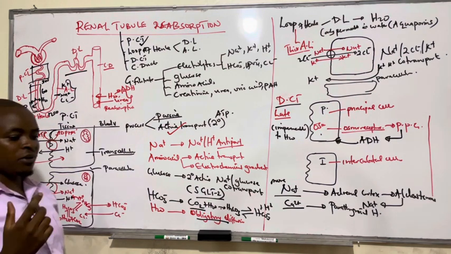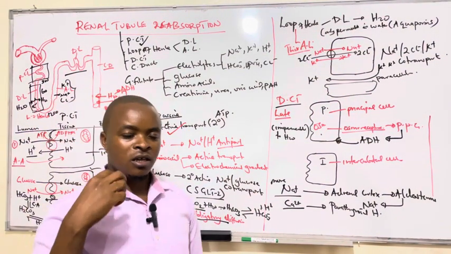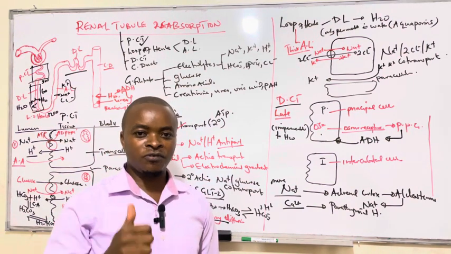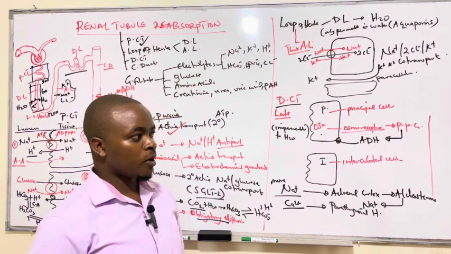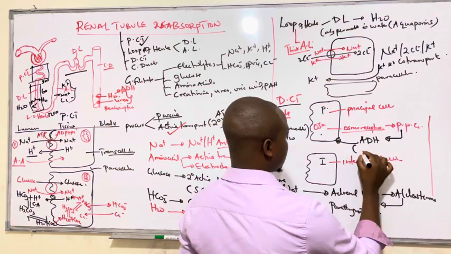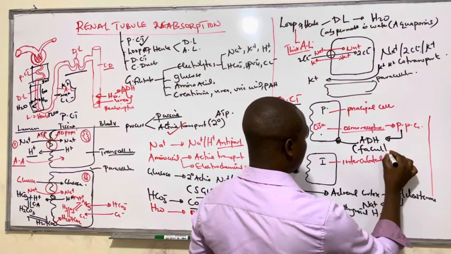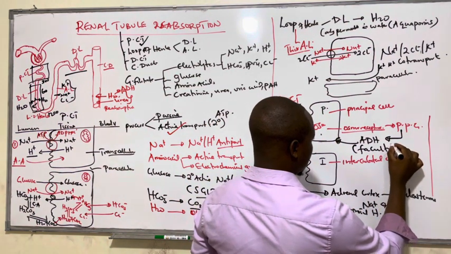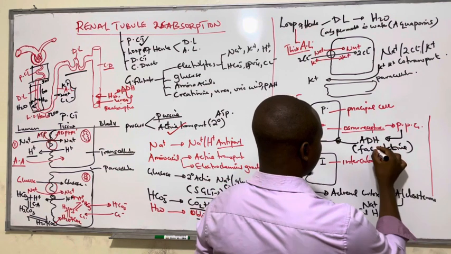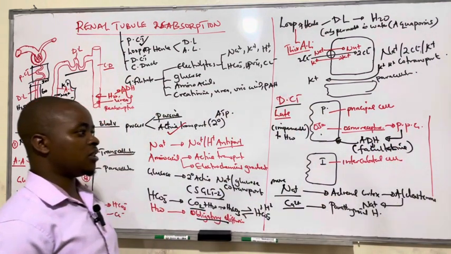And we told you in the beginning, whenever ADH or antidiuretic hormone is involved in reabsorption, we call it facultative reabsorption of water. This is what we call facultative reabsorption of water, being under influence of ADH.